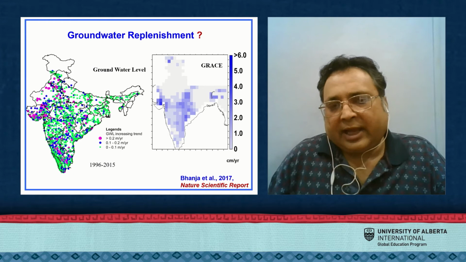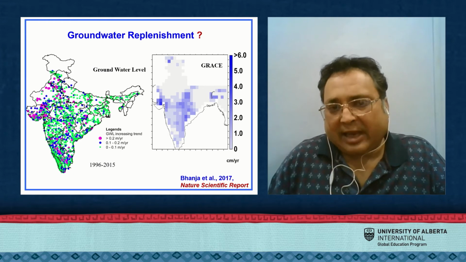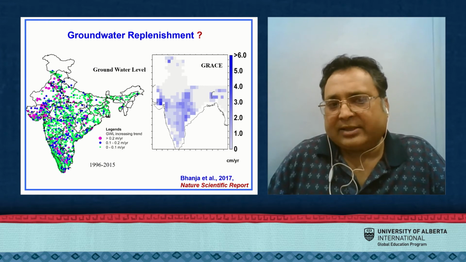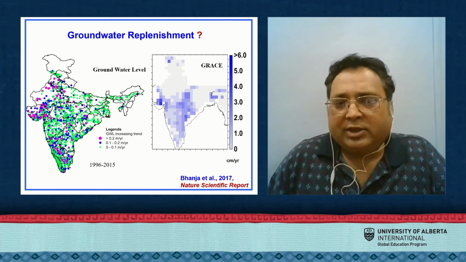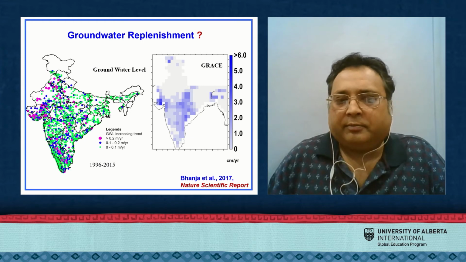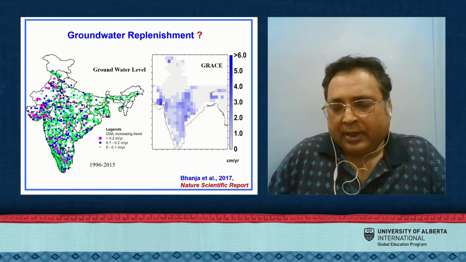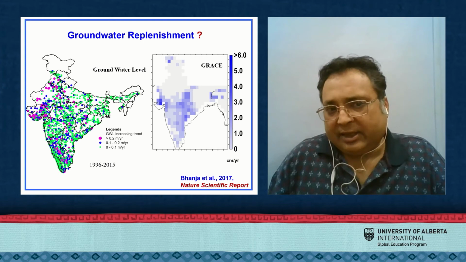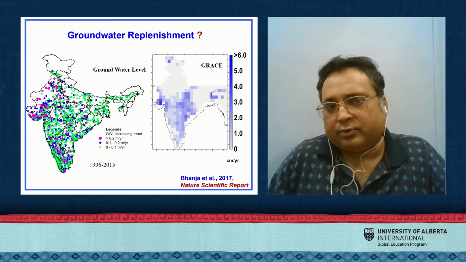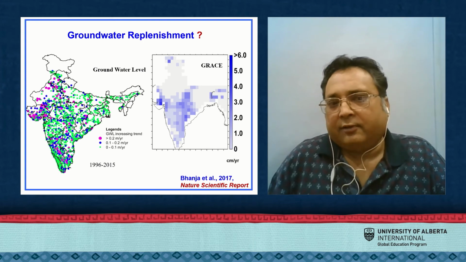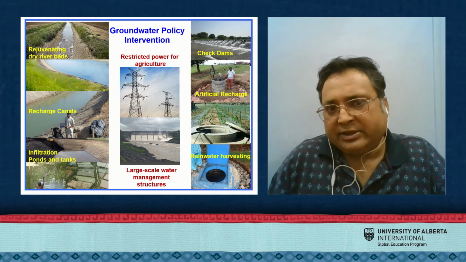We think that groundwater replenishment is happening. The satellite data matched quite well with the ground data that we measured from about 3,000 wells across the country from 1996 to 2015. So there is a good match, and it seems that yes, there are some areas which are really benefiting from groundwater replenishment.